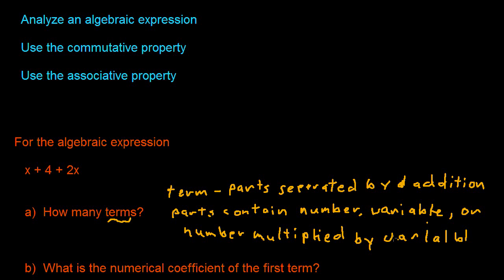There's a term with a number multiplied by a variable, 2x. So how many terms do we have? 1, 2, 3. There are three terms in this algebraic expression.